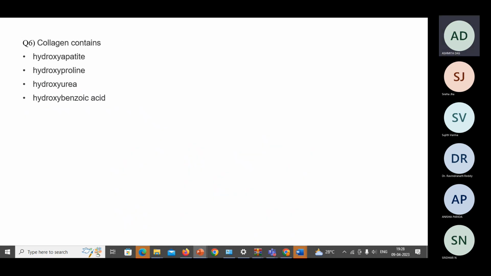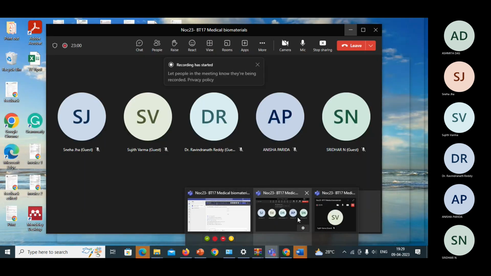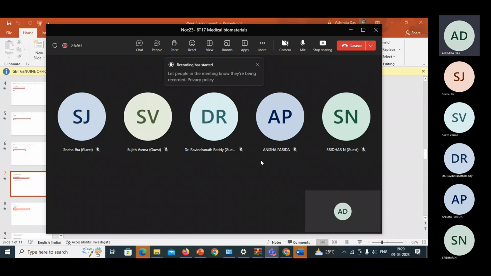Now the collagen contains which of the following? Any answer for this question? Sridhar N. Hello.